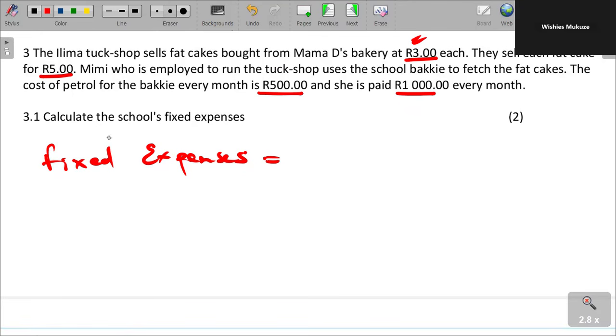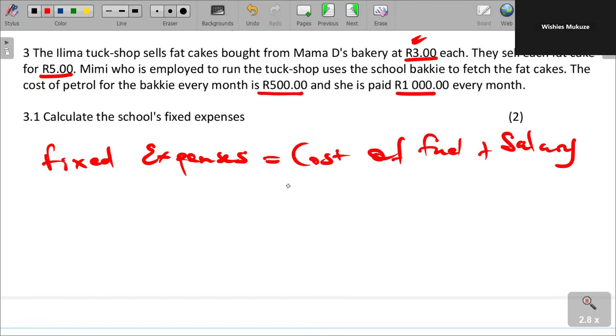So the fixed expenses is equal to cost of fuel plus salary, which is equal to the cost of fuel, given as 500 every month, plus the salary, given as 1,000.